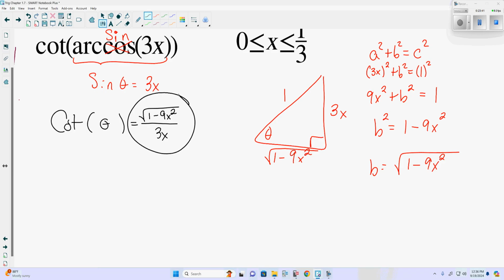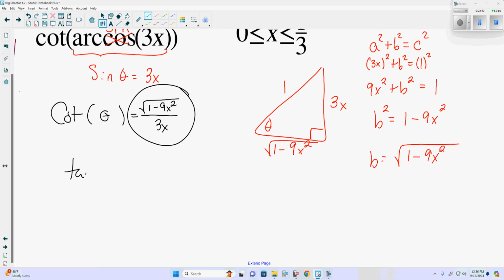Now even if, so tangent for this here would be 3x over the square root of 1 minus 9x squared. I would take that. I'm not going to make y'all rationalize that denominator. It is possible to do it. I'm not going to make you do it. It's more hassle than it's worth.